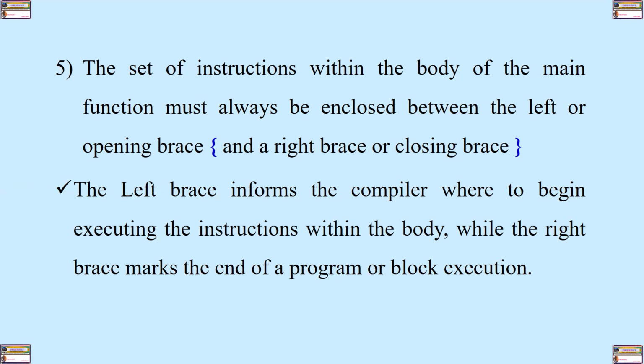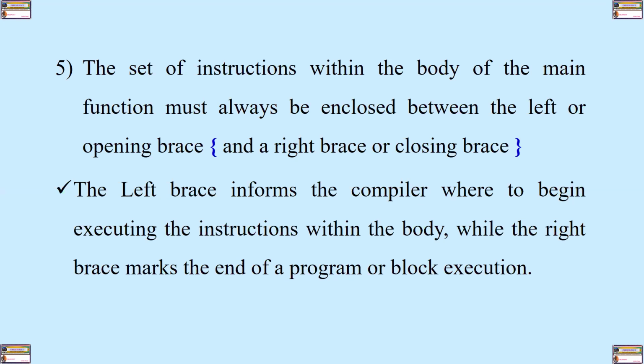Simply put, whenever you are writing a C++ program, once you have written the main function, as for example void main, with the pair of parentheses, the next thing that must be below that line is the opening brace, followed by the set of instructions that you want your main function to execute.